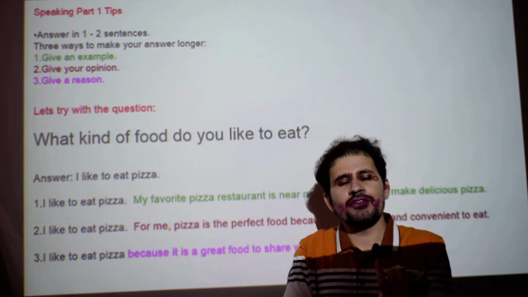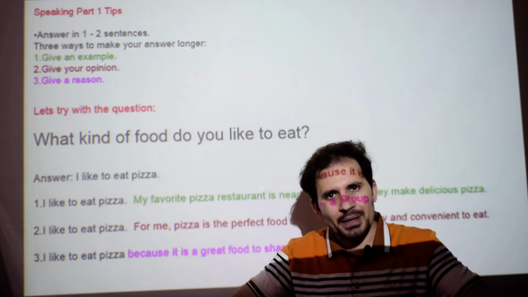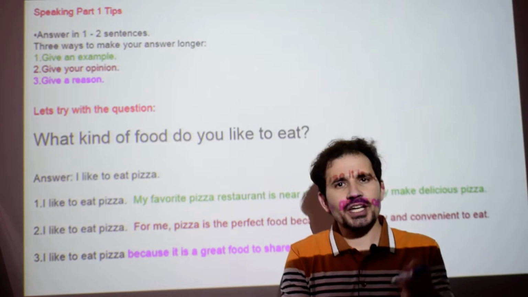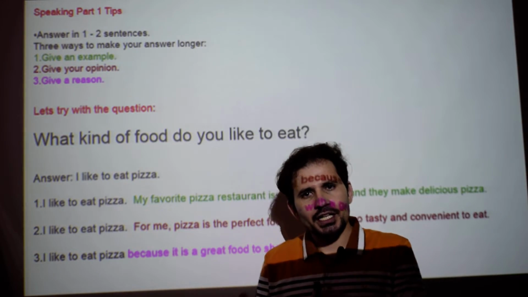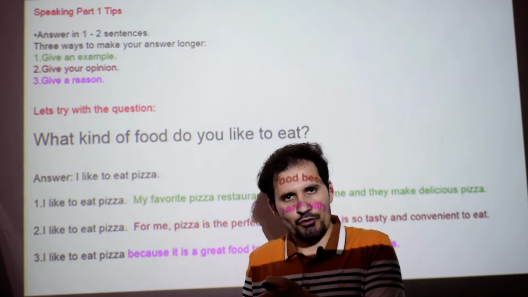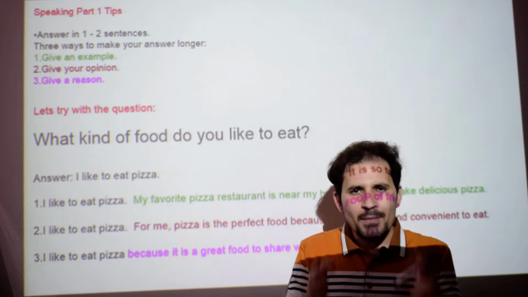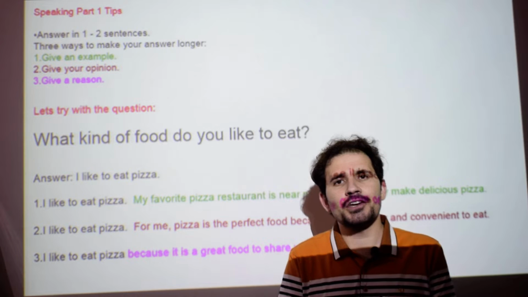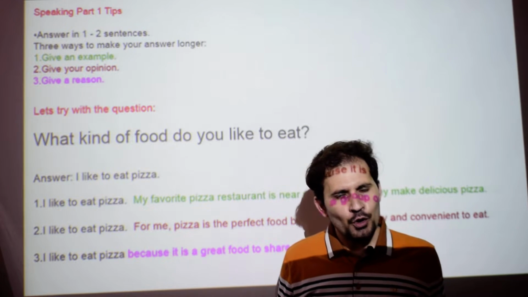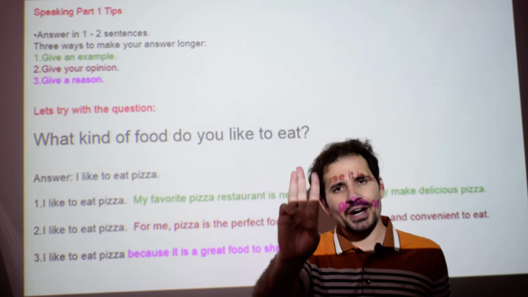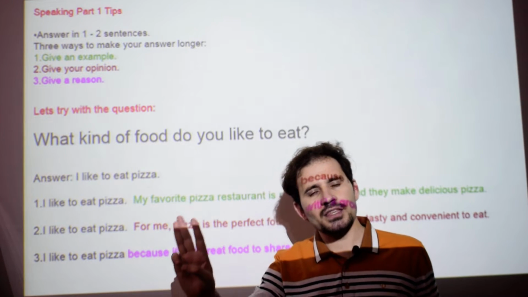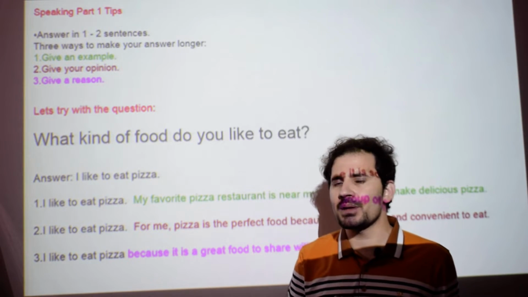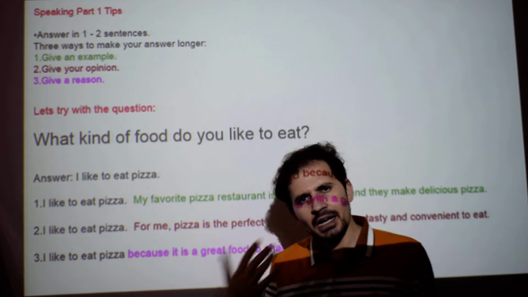Either you can add an example to your answer, or number 2, you can give an opinion, expressing your opinion there. Or the third way of making your answer for IELTS speaking part 1 longer is to give reasons. So we can make our answer lengthy through how many ways? 3 ways. I will give you a practical example of how we can make our answer lengthy.